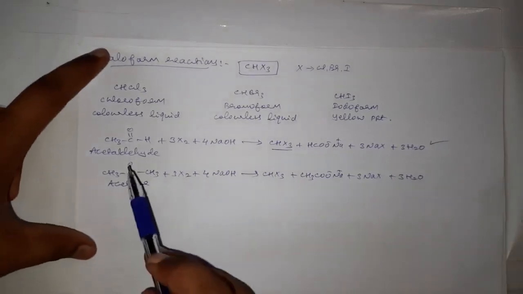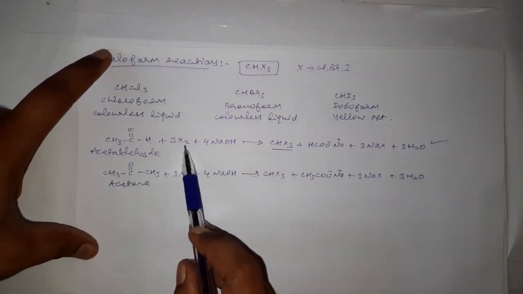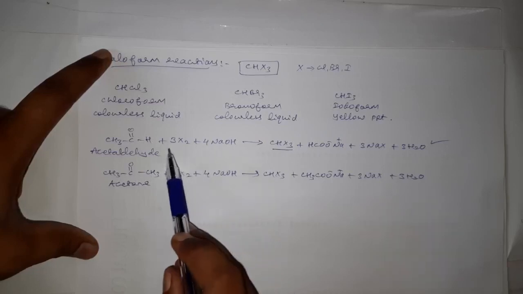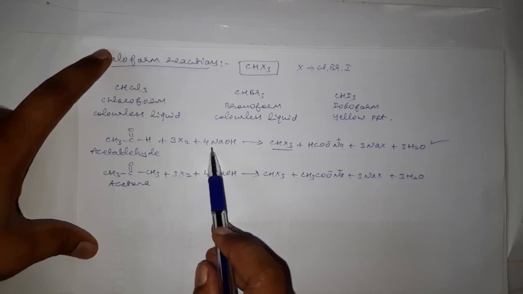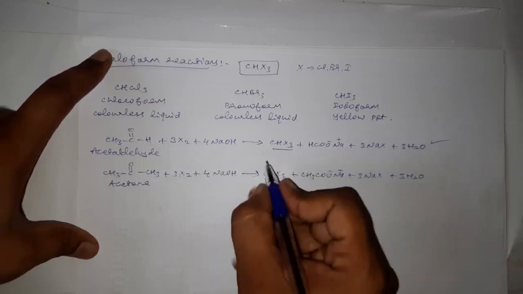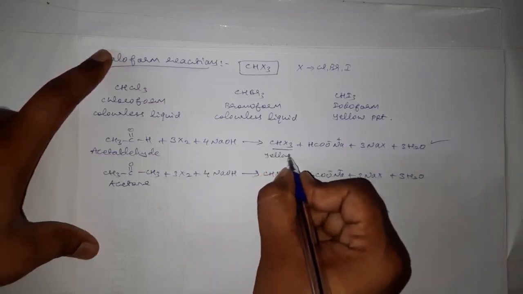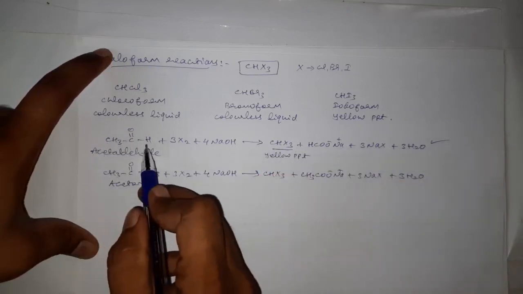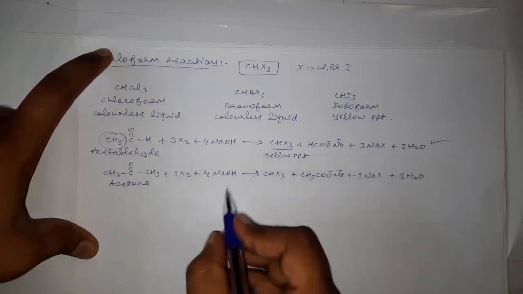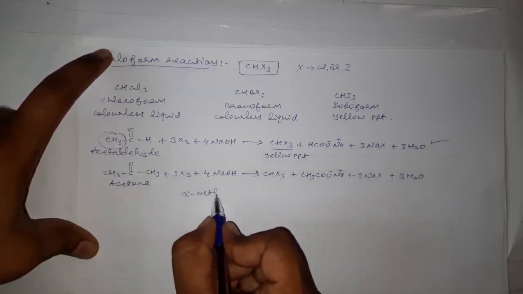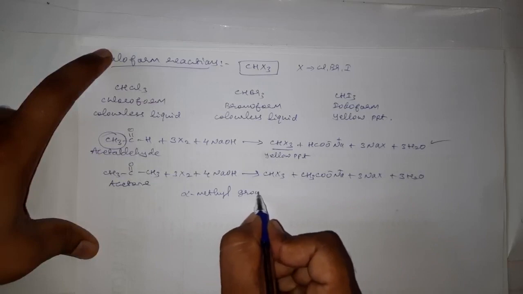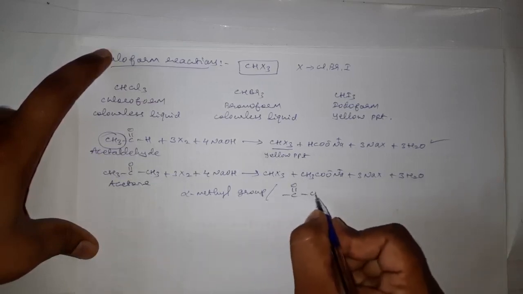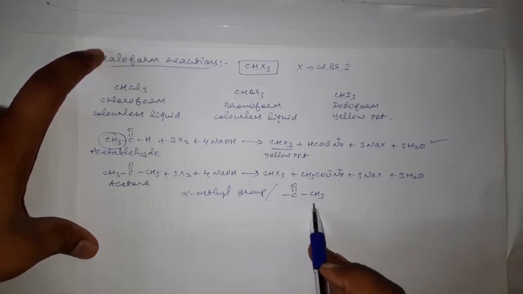If the aldehyde or ketone, on reaction with 3 moles of halogen and 4 moles of sodium hydroxide, gives a yellow precipitate, then we can easily say that it has an alpha methyl group, or a group of this type.